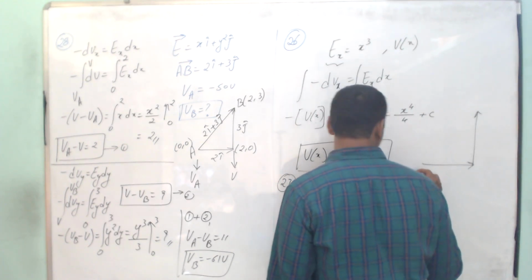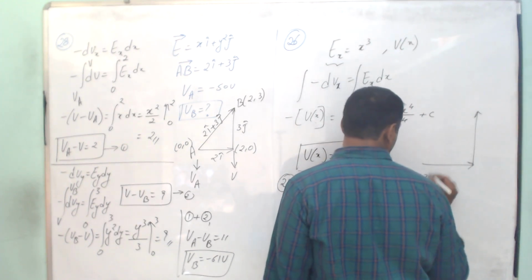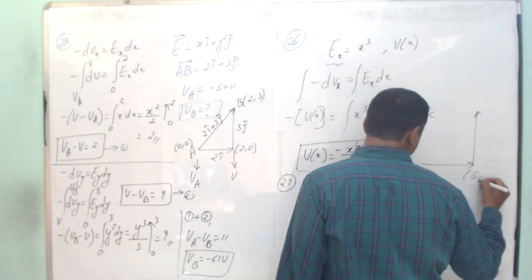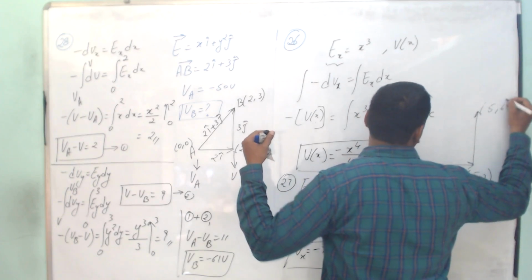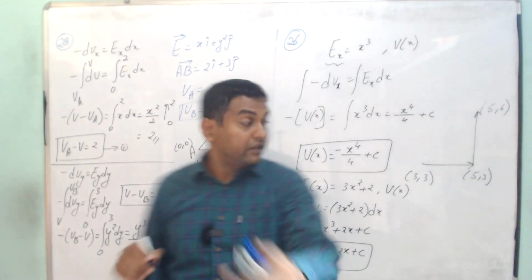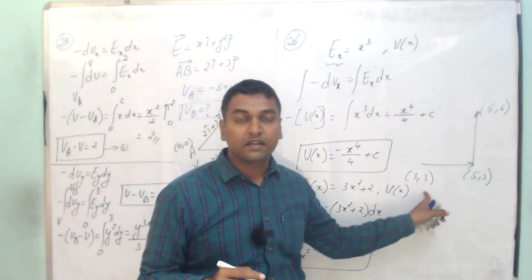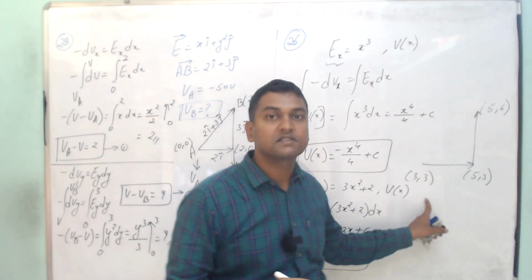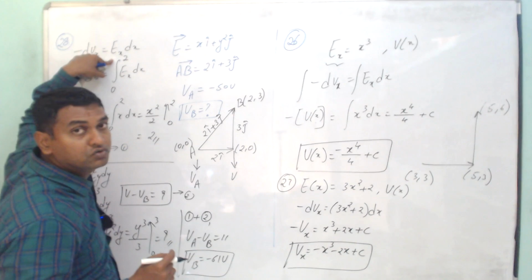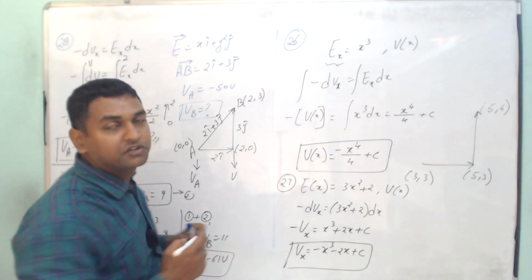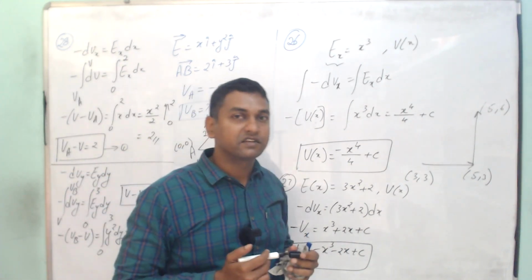It can be 2i cap plus 3j cap for different coordinates also. Suppose this is 3, 3. This will become 5, 3. And this will become 5, 6. If these vertices are given, our limits will change. It will not be 0. It will be from 3 to 5. Is this clear?